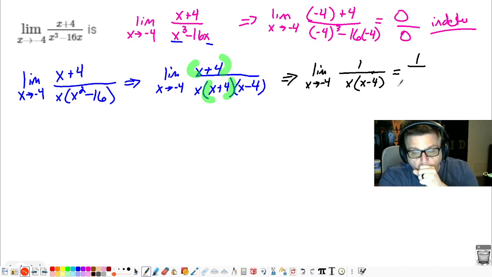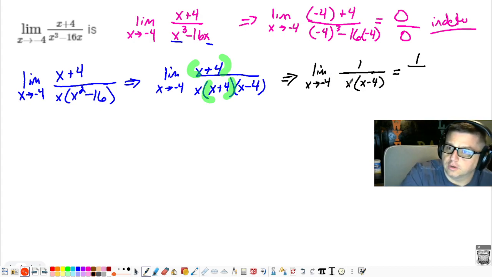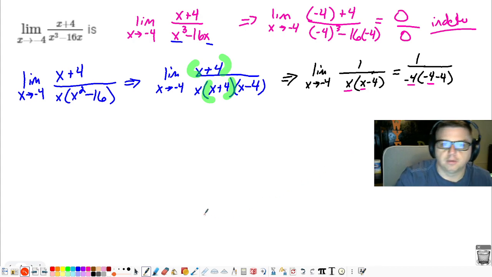So, without further ado, we're going to plug in negative 4 and then we're going to do negative 4 minus 4 inside the parenthesis. So I plugged our x value here and our x value there, so that's where the negative 4 and the negative 4 come into play.